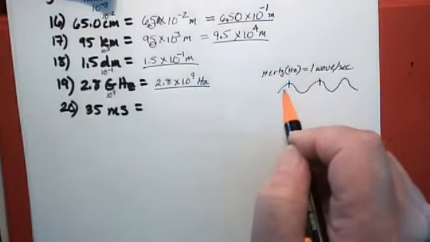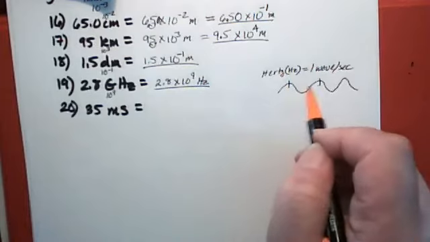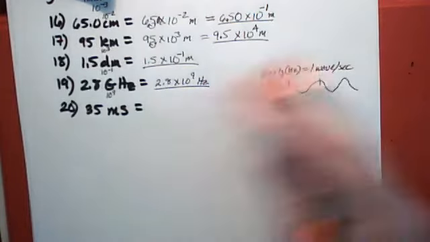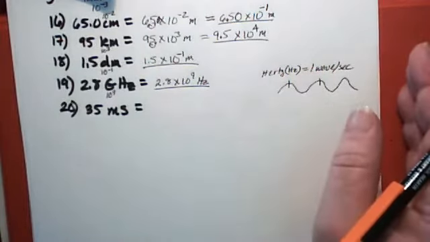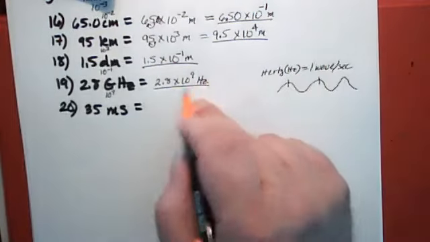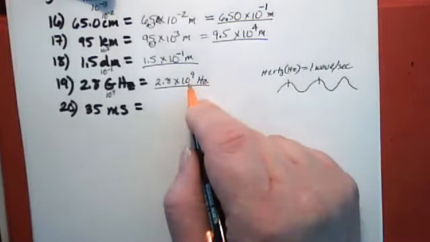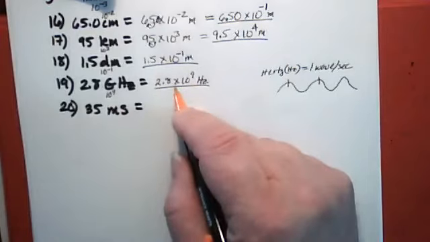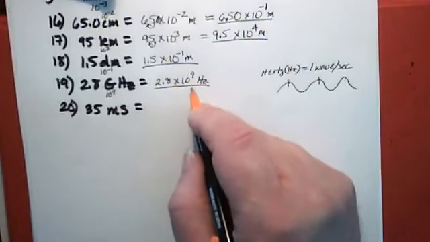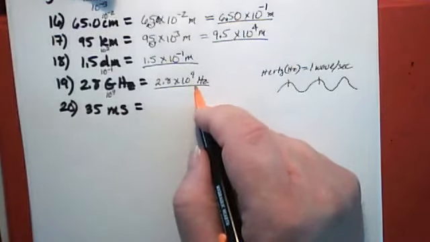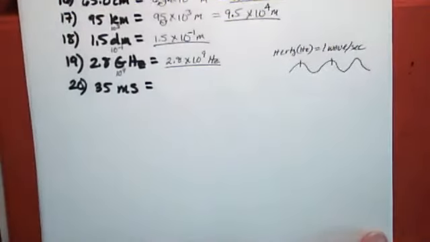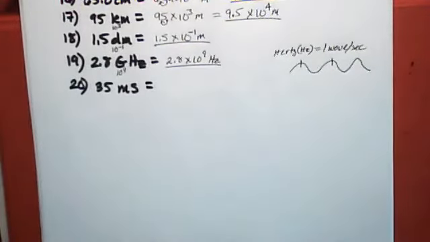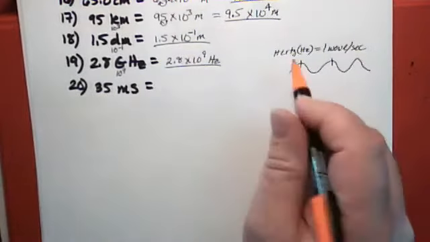A lot of these waves are really, really short, so you can fit an enormous number of them past a given spot every second. And in this case, 2.8 gigahertz would be 2.8 billion waves per second passing any given point in space. So that is a really high frequency. Anyway, that's just kind of like a background of what hertz means.